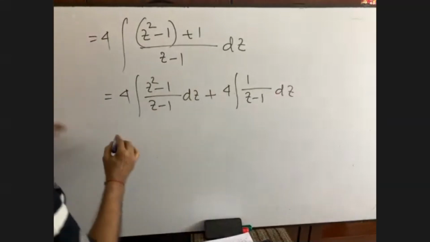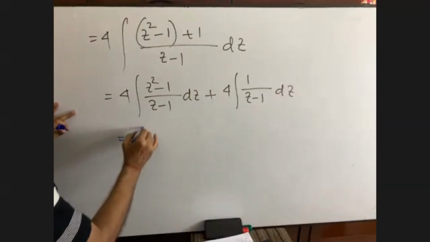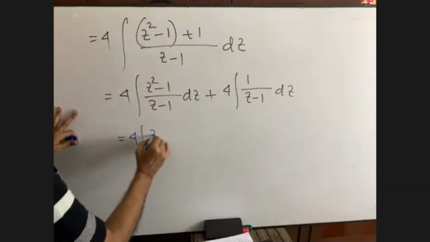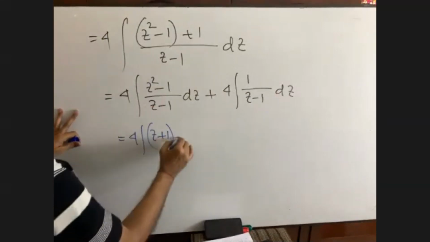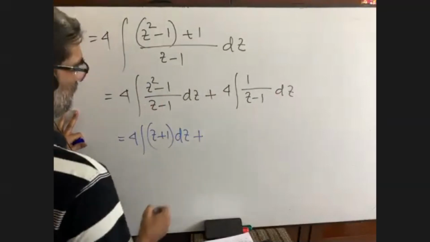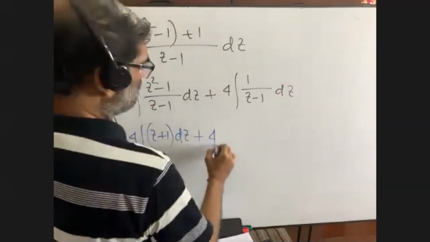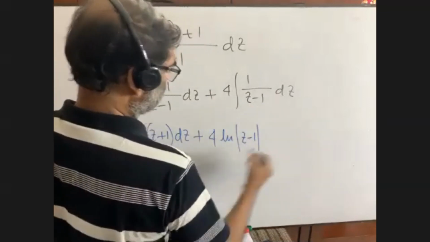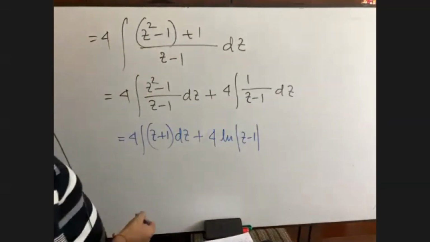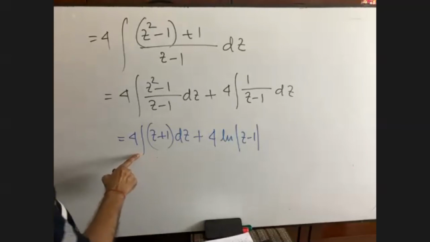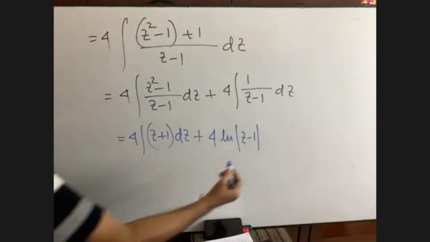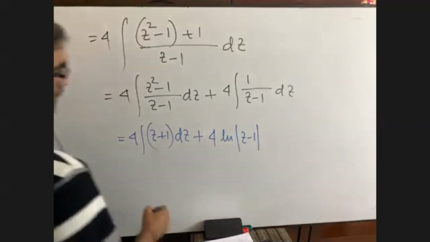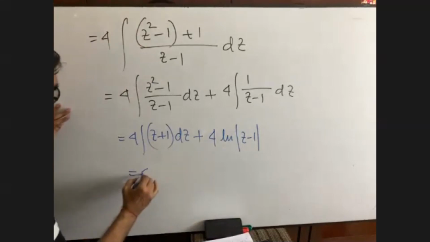Yes, it is. So actually we are getting here 4 times z plus 1 dz. And here we know it is ln z minus 1. We are not going to write down C because it is an integration sign yet. Now you see it is 4.